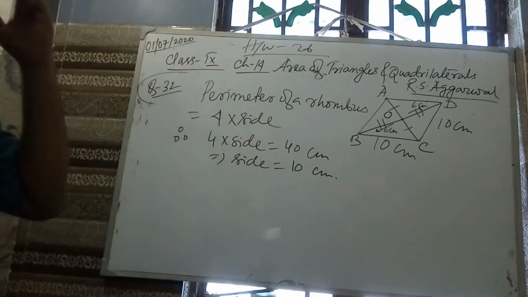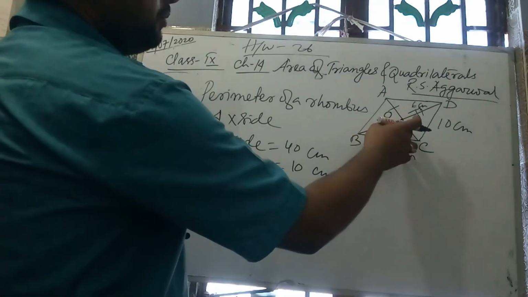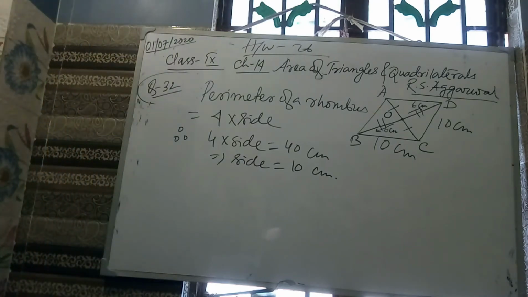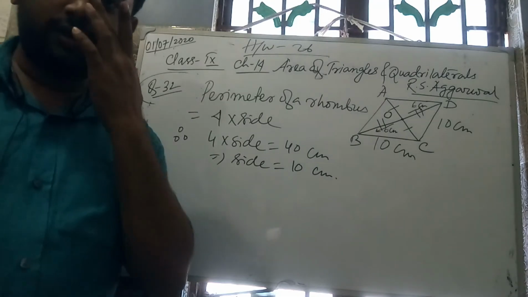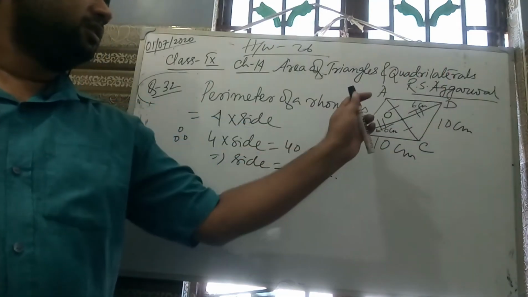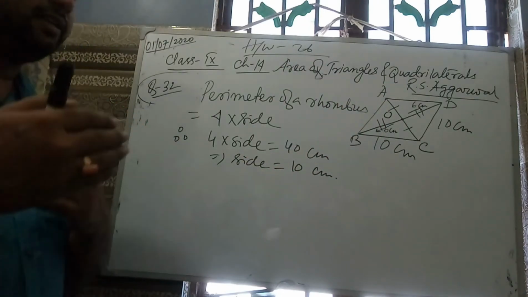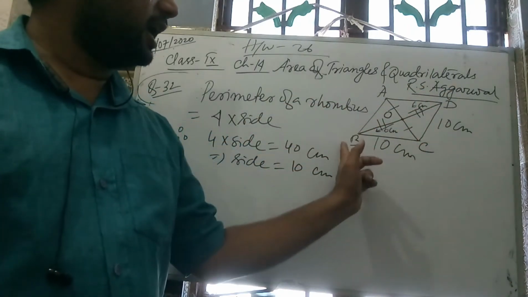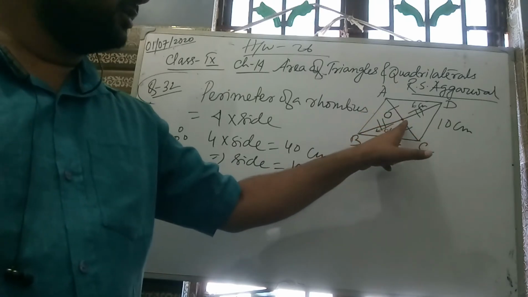Now what do we have to find out? We have to find out the value of AC, the other diagonal, so that we can use the formula half into product of the diagonals to find the area of this rhombus. I said that in a rhombus the diagonals are perpendicular bisectors. Bisector means half.